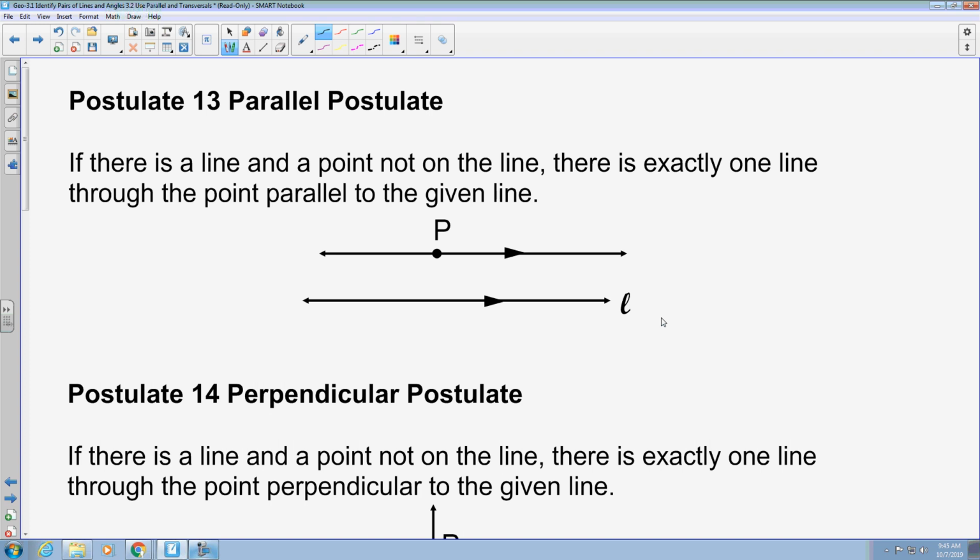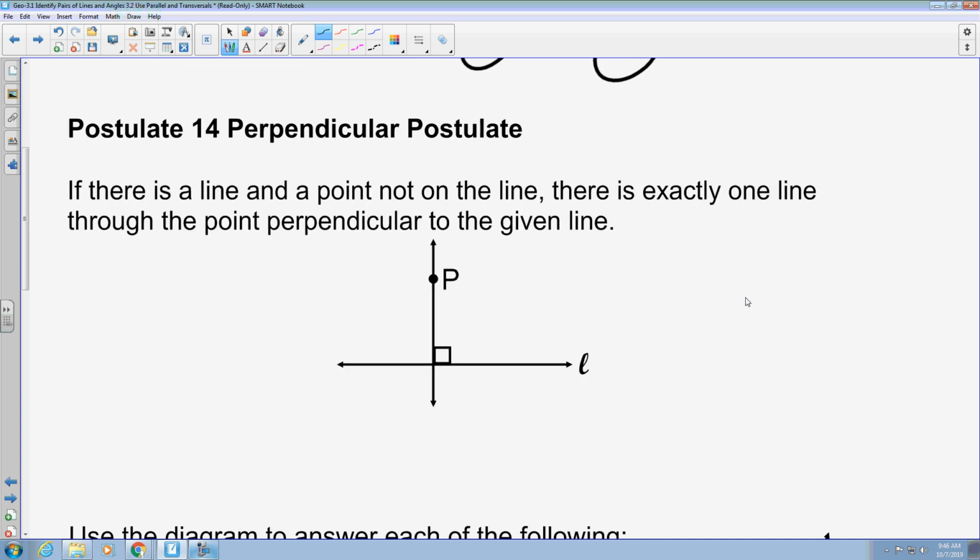So we have this line L right here, and we have this point P. So what they're saying is that from that point P that's not on line L, you can create a line that is parallel to line L and touching point P. Anytime you see these little arrows, that establishes that those two lines are parallel, and it's a way that we can illustrate that.